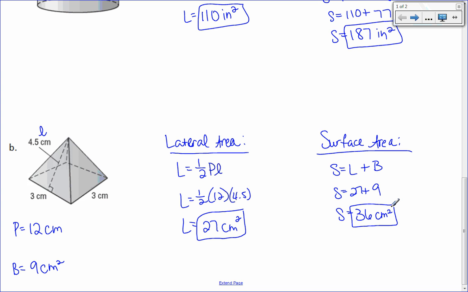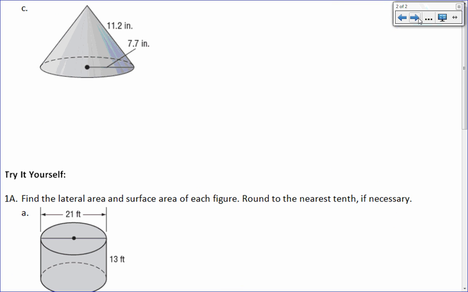Okay. Anyhow, moving on. On the next page, at the top of the page, we have a cone to find the lateral area and surface area of. So again, we want to leave some space to find lateral area, and some place to find surface area. Okay, so write down the formulas for a cone.